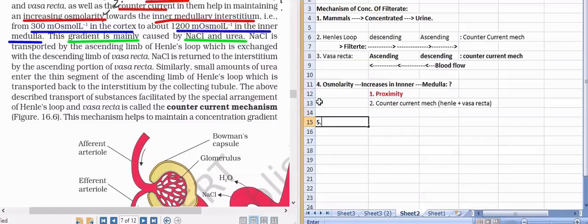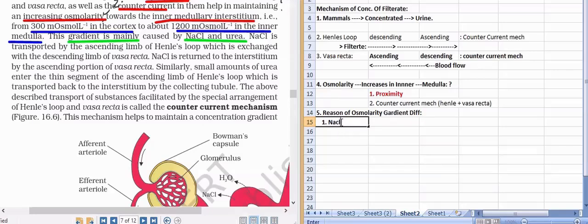Fifth point: the reason for the osmolality gradient difference. One is NaCl, of course in the inner medulla. The outside is also a reason. This is the second reason.